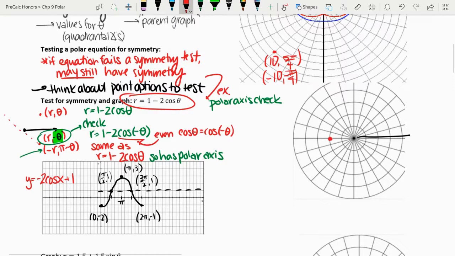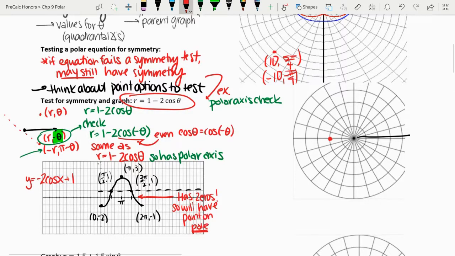All right. Any graph that has x-intercepts here, so I'm going to say has zeros, we will have a point on the pole.